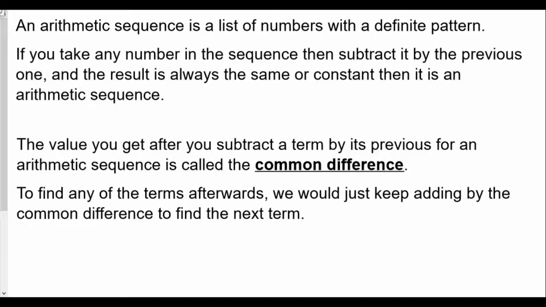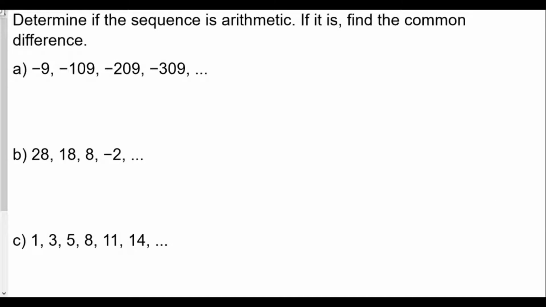So let's take a look. In our first question, we see -9, -109, -209, -309. Let's see whether or not this is an arithmetic sequence. We'll take -109 and subtract -9, and we get -100.